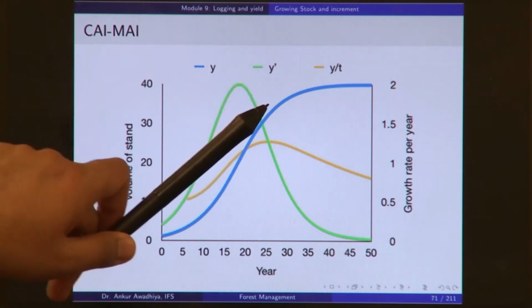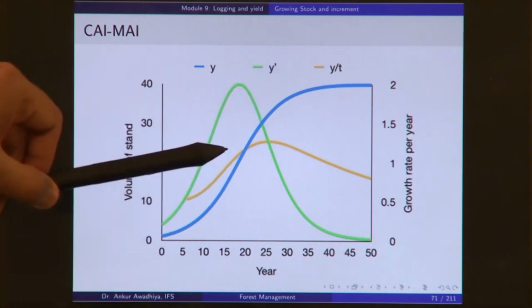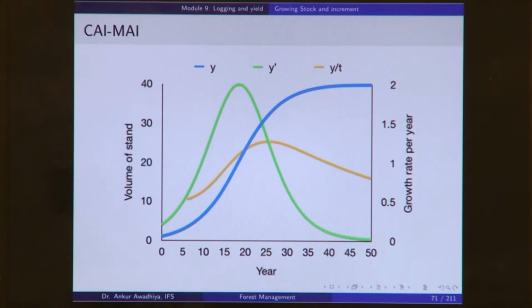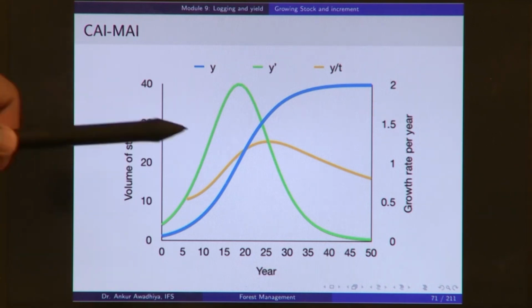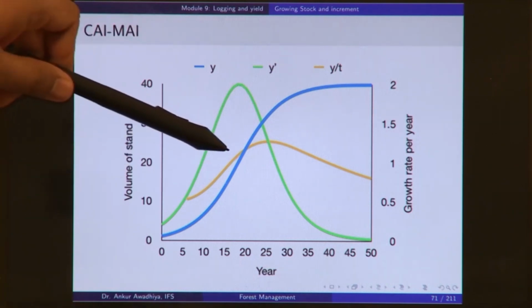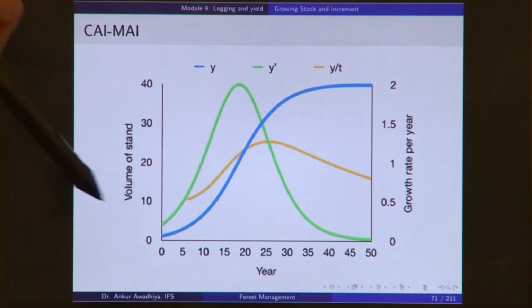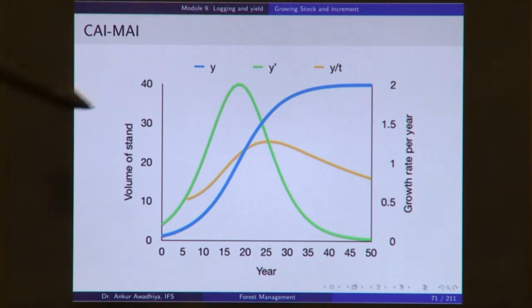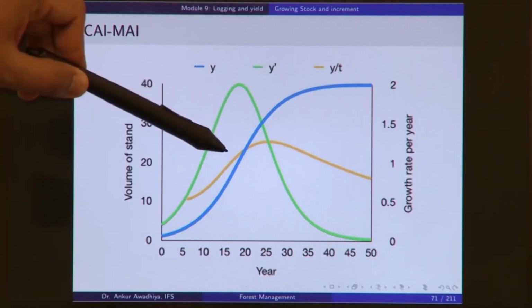Then the CAI will go on increasing and it will reach a maximum somewhere here at the inflection point. So, the inflection point is the point at which the shape of the curve is changing, the direction is changing. On this side it is concave, on this side it is becoming convex, if you look at it from the top. So, this point will be called the inflection point.